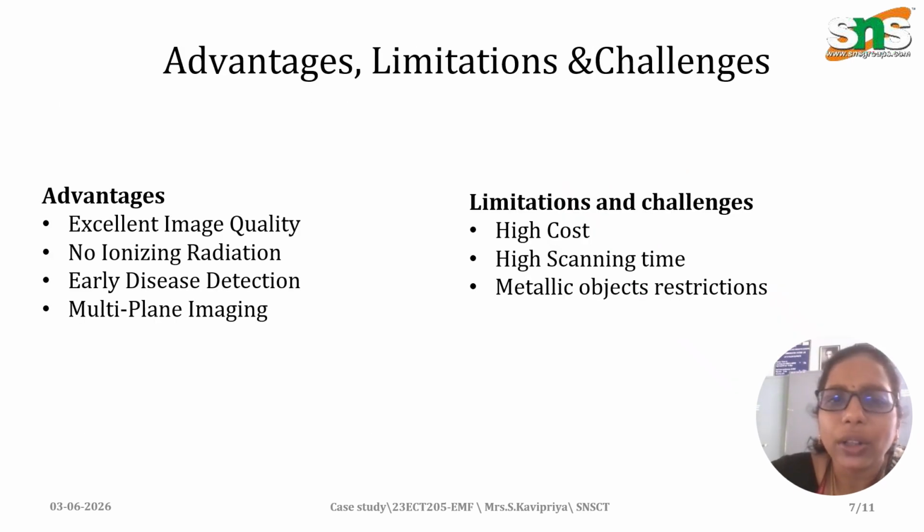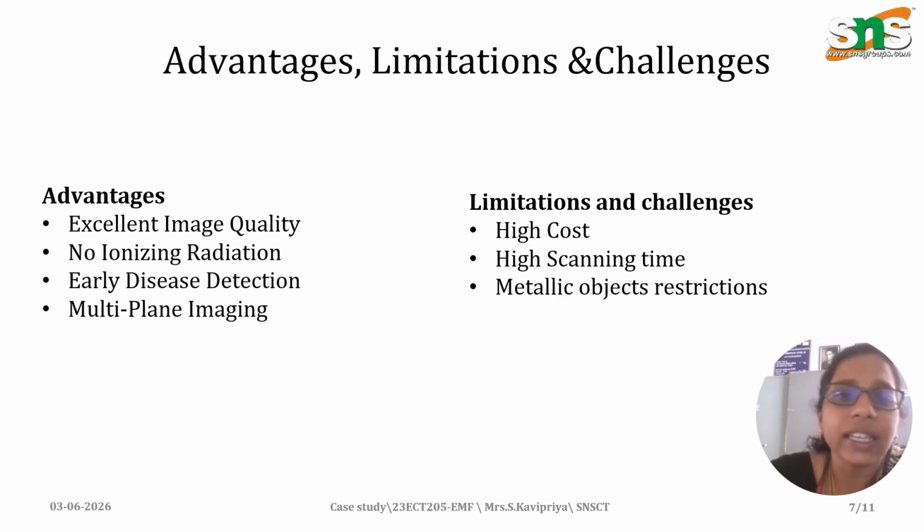Next, what are the advantages, limitations and challenges behind this MRI? The main important advantage is that it has excellent image quality and the radiation is very less when compared to X-rays, so patients will not get affected by radiation.